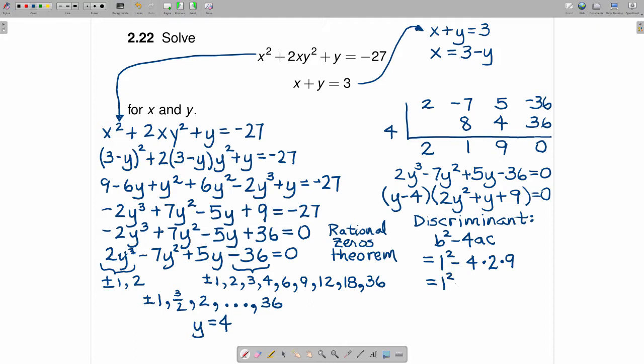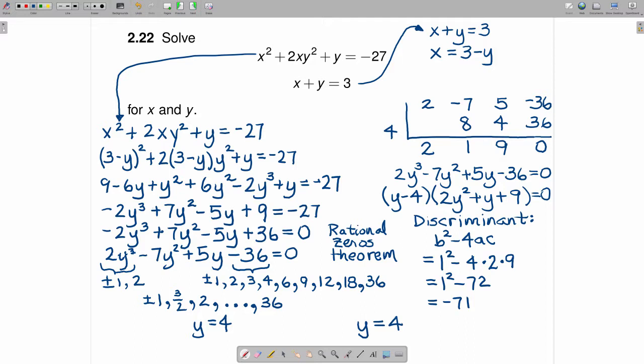So we get 1 squared minus 72, which is negative 71. So the upshot of this is this cubic polynomial has one real root, and that one real root is y equals 4. And because the discriminant is negative, it has two complex roots. So really the only root we need to worry about in solving this equation is y is equal to 4.